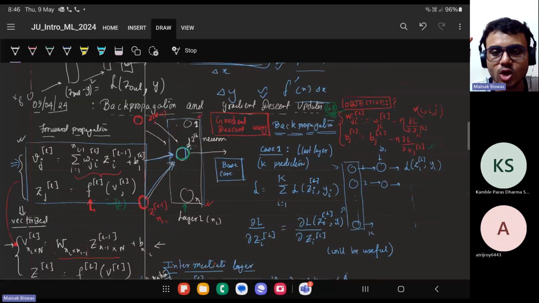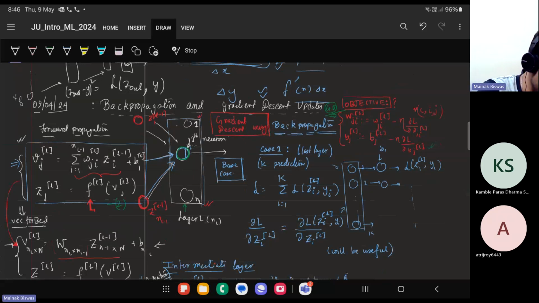For example, in softmax regression we needed k outputs if there were k labels. So for each of the outputs there will be some loss, because there will be a corresponding label to that output. Do you agree? Any questions?